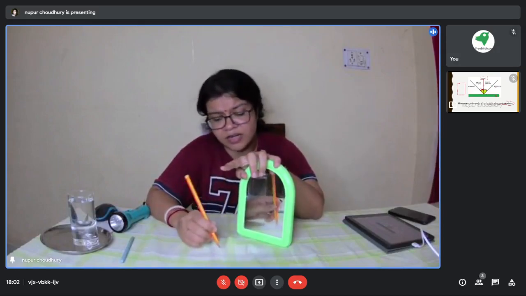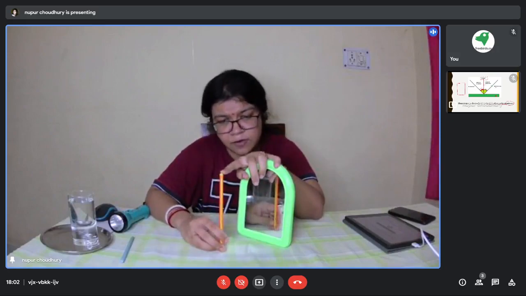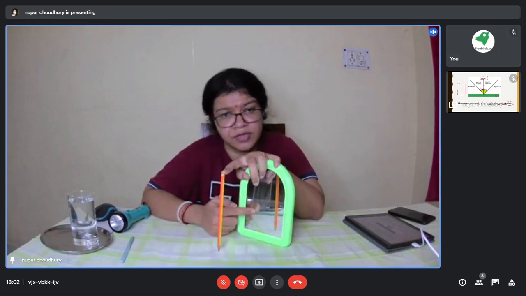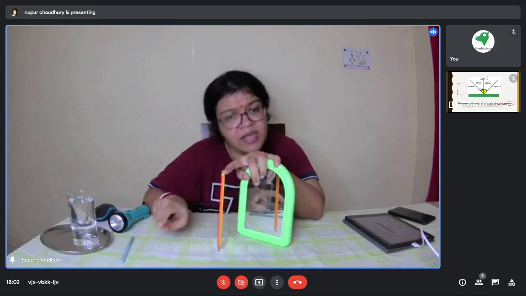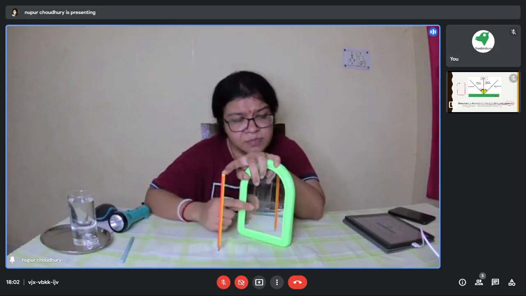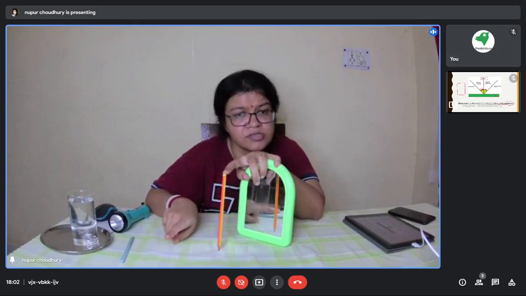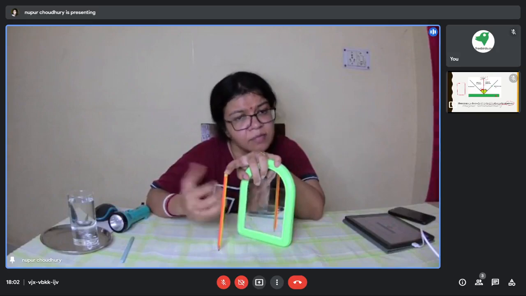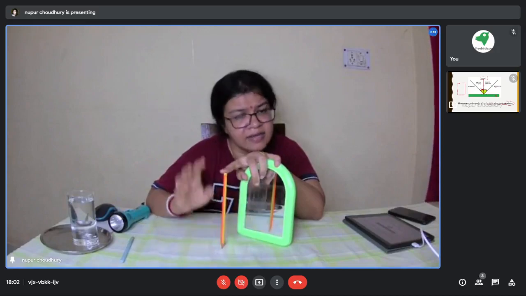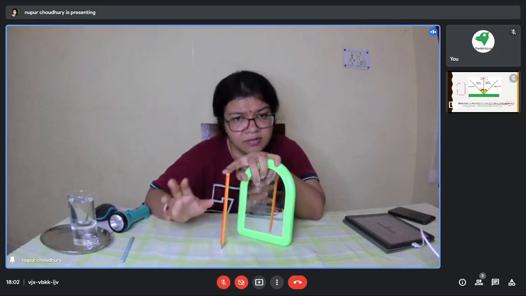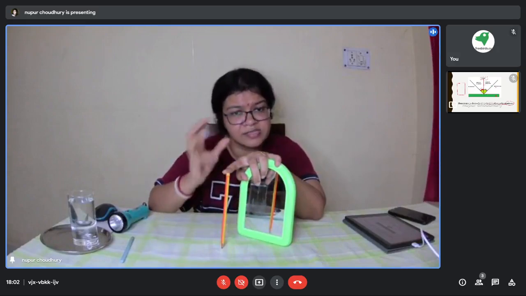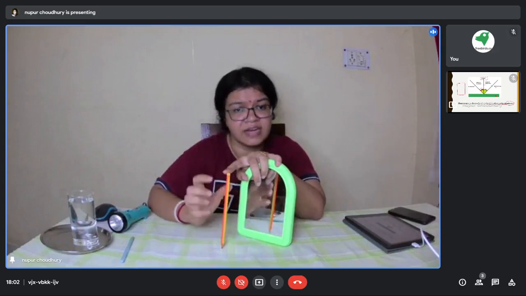This is one of the very common applications of reflection, where the light from an object is incident on a surface, and that surface reflects it back to the same medium. When the surface reflects those colors of the object to the same medium, we can see that object. All the objects around us reflect some color or the other. Whatever color is reflected from that object, we can see that object in that color. That we have to understand.